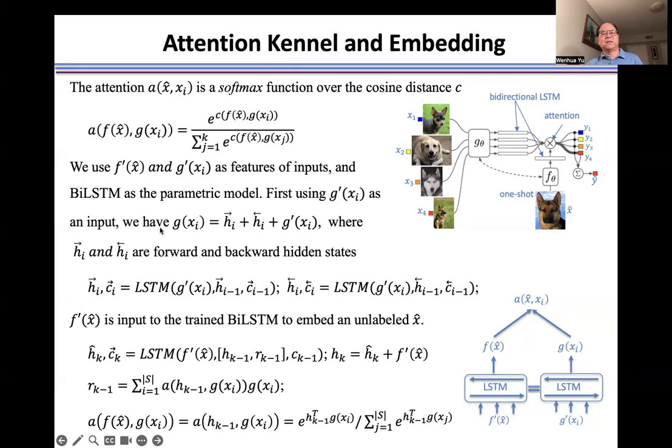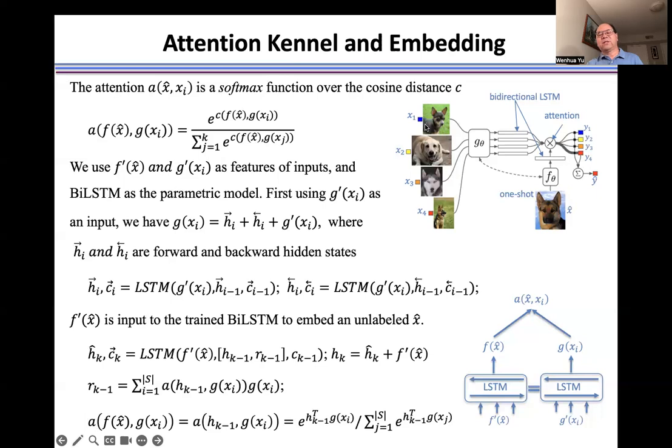We train the bidirectional LSTM on the training dataset to generate this feature G. And then we use F prime as the input to the trained bidirectional LSTM to embed unlabeled x-hat. And then from this output F and G, we calculate the attention A.